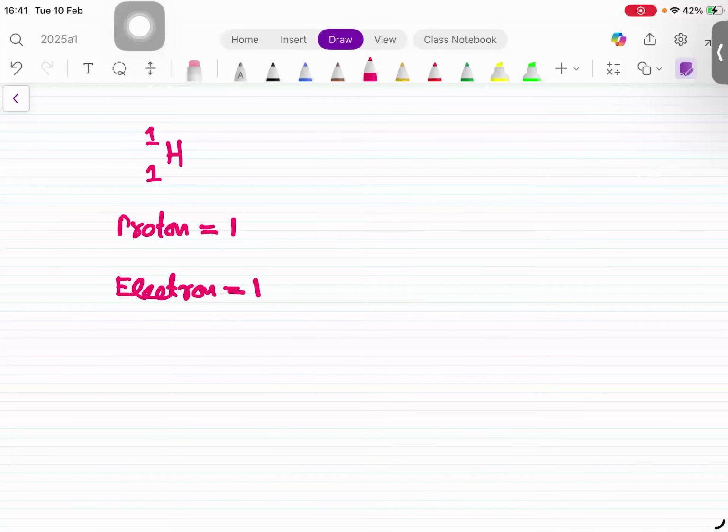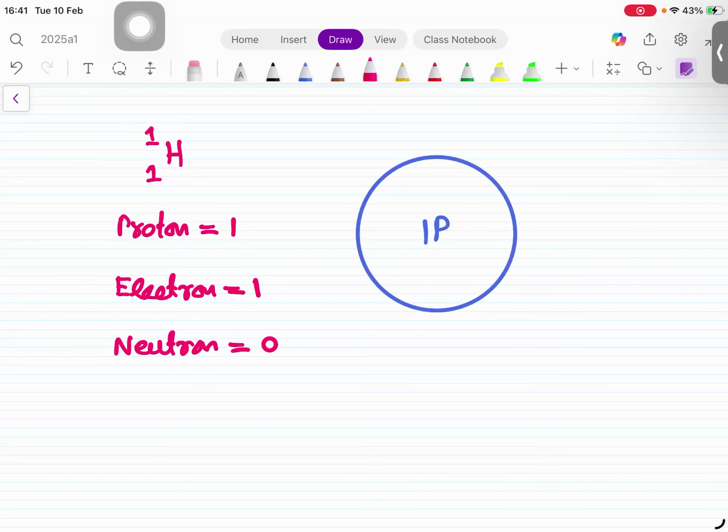And how many neutrons? 0. So if I draw an atom of hydrogen, there is only 1 proton in the nucleus, and there is only 1 electron which is revolving around the nucleus. Is it so?